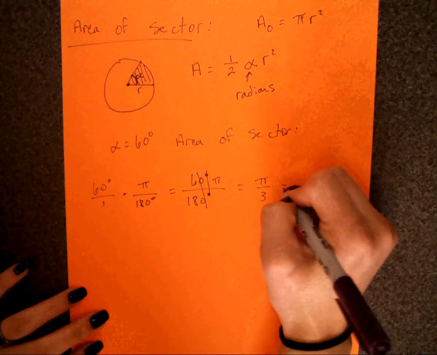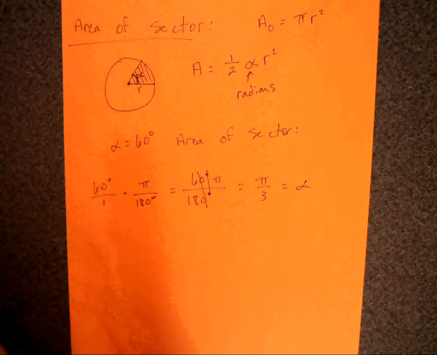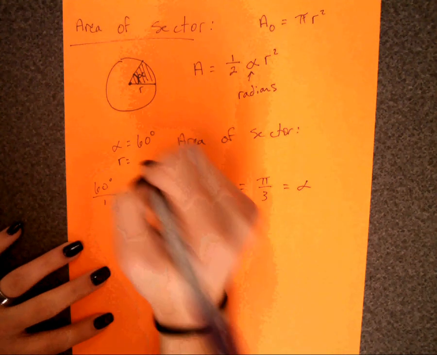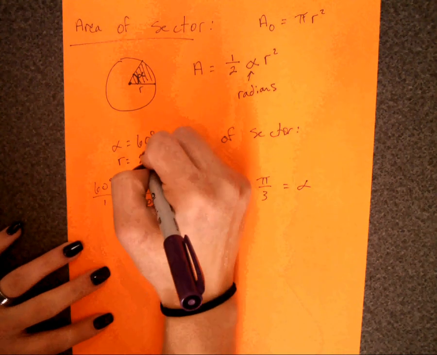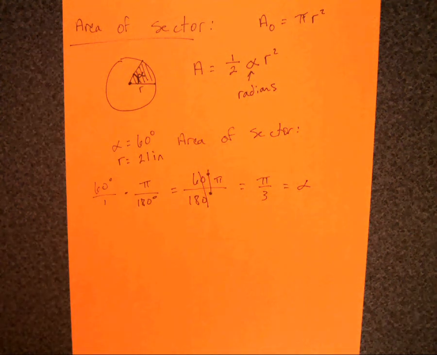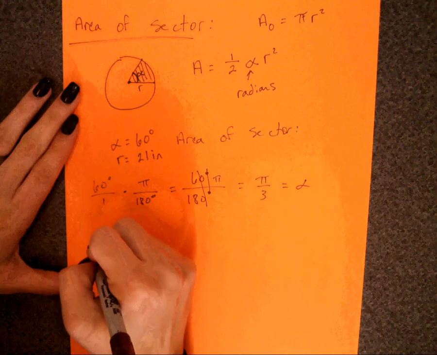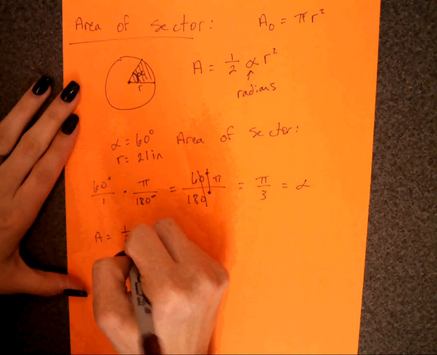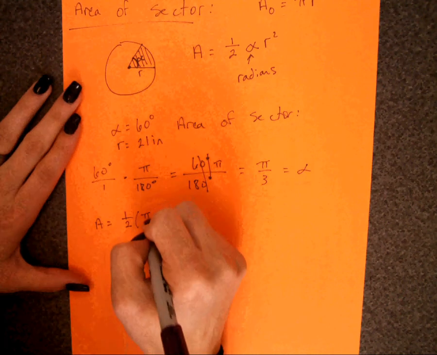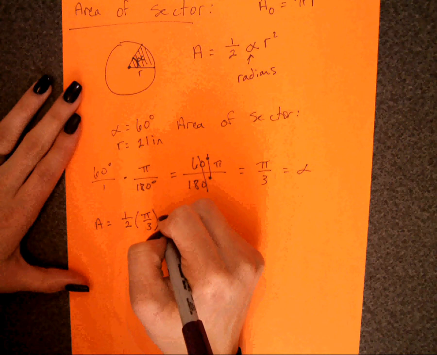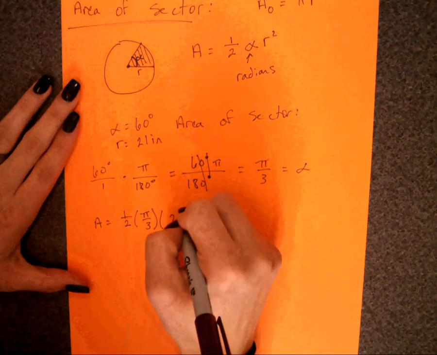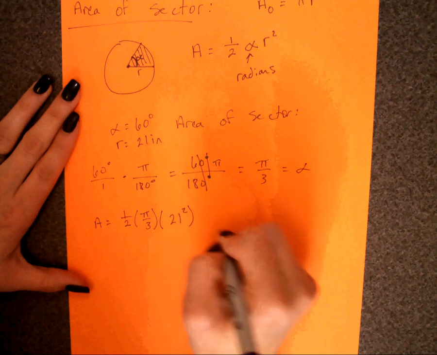So alpha is pi over 3 radians, and let's say our radius is 21 inches. So the area of this sector is 1/2 times pi over 3 times r squared. R is 21, so 21 squared.